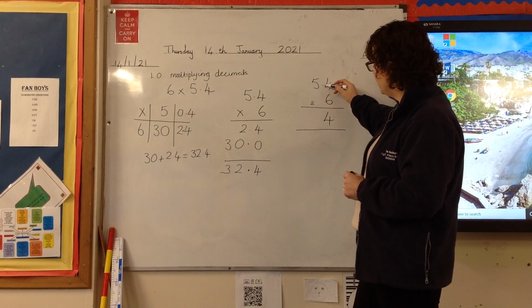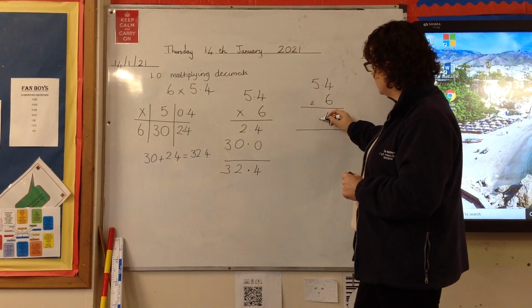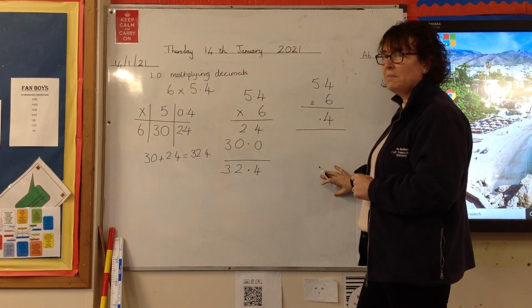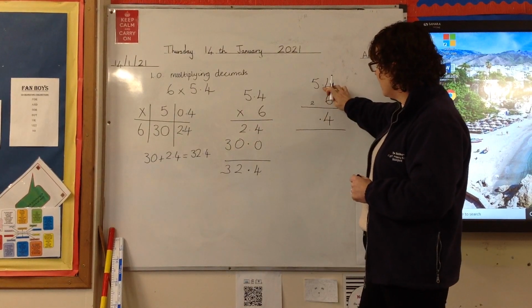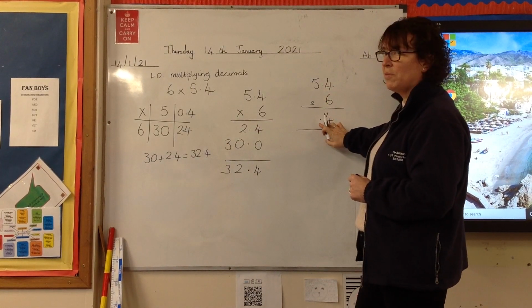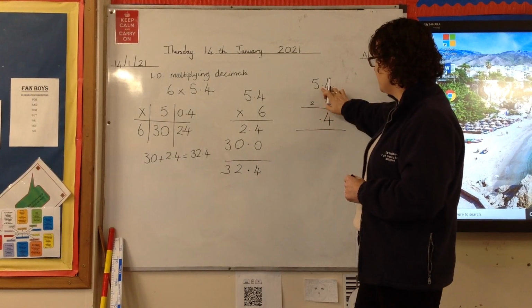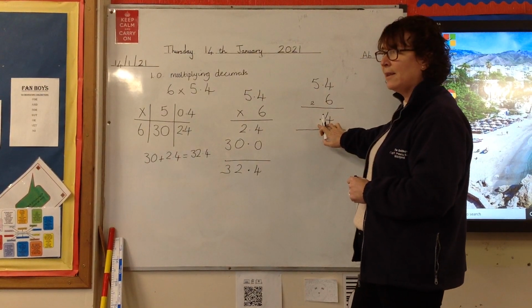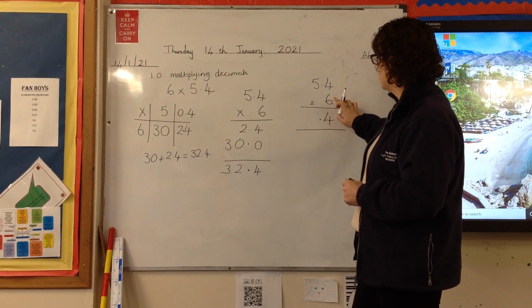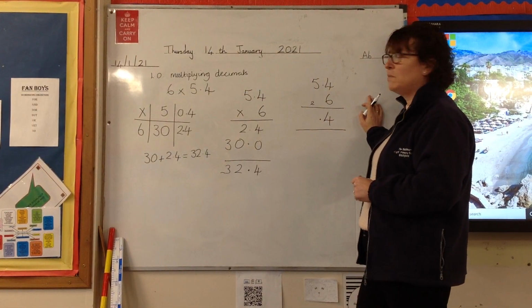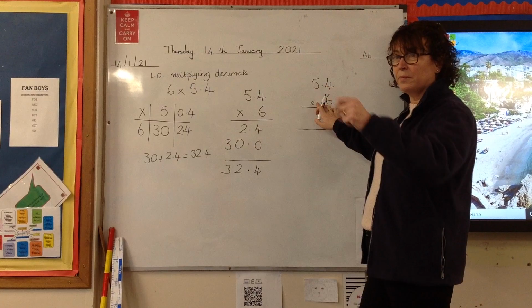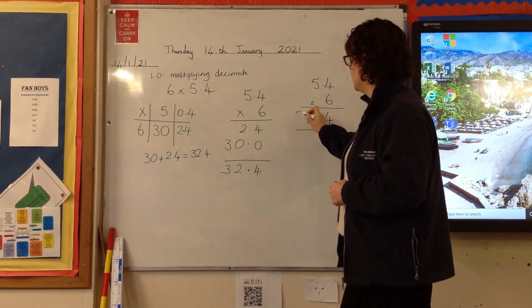But what we need to do is put the decimal point down there, in line with that one there, and that's really important, that they have to be in line. Now, 6 times 5 is 30, and then what do we need to do with our 2? Add it on. 32. So it's exactly the same.